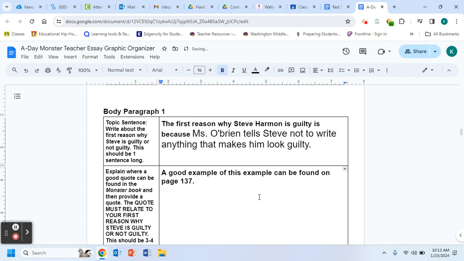And then remember, when you're quoting something, you actually need to put the quotation marks. And I don't know if you can hear it, but I'm flipping through, so I'm going to be looking just for the pages to find the quote.